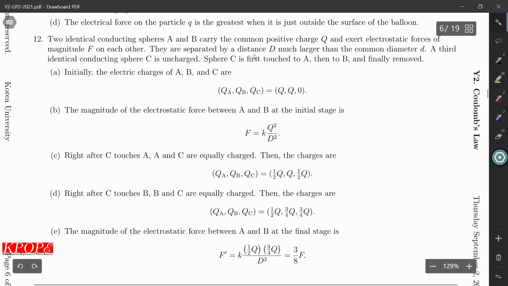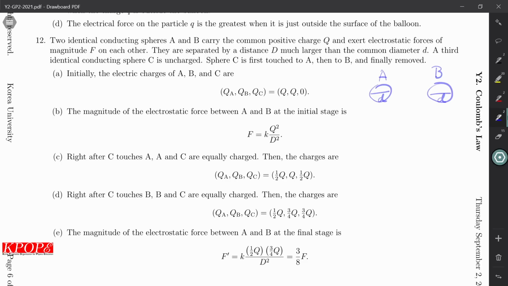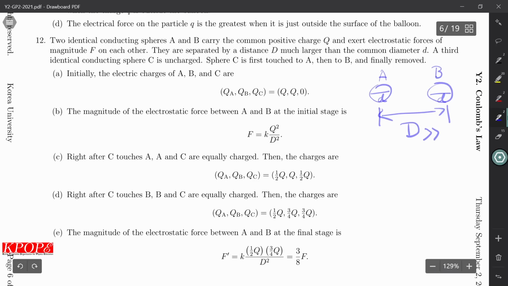They are separated by a distance D much larger than the common diameter d. This diameter is d, and we have B, whose diameter is d, and their separation is capital D, and D is much greater than small d.